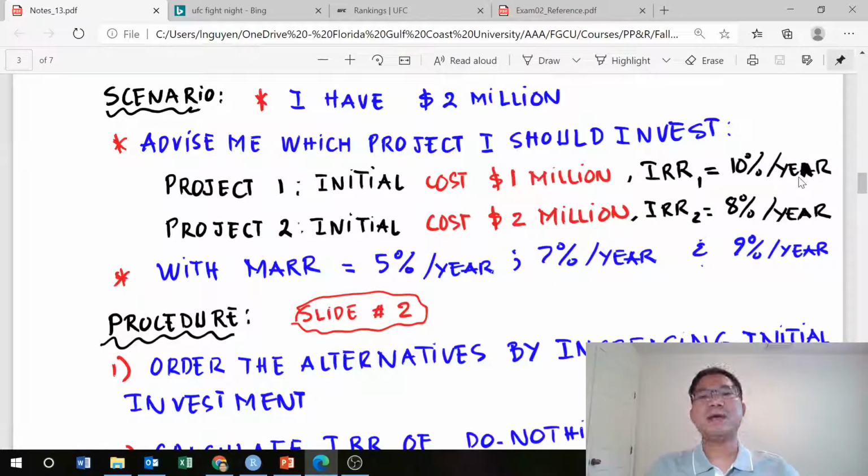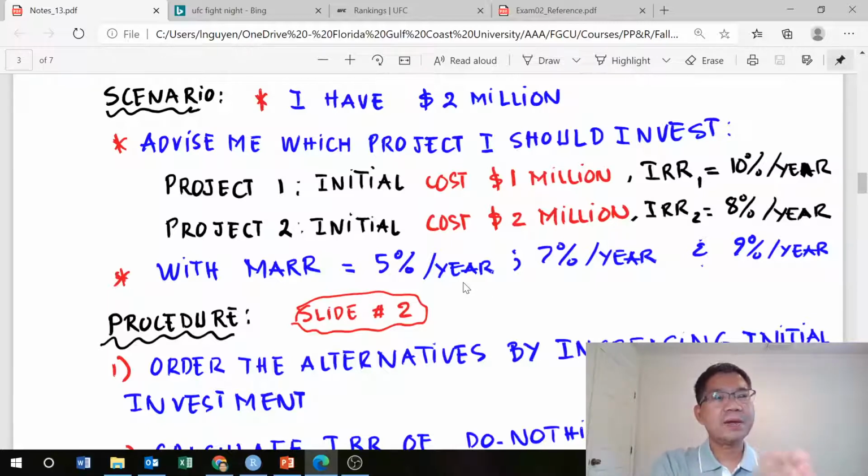And here, I have $1 million extra if I put in project 1. So if I put project 1 at 10% per year, I earn $100,000 per year. And the 1 million left, I consider that I put in the market at 5% per year somewhere else, with the minimum attractive rate of return. In this scenario, 5% per year.